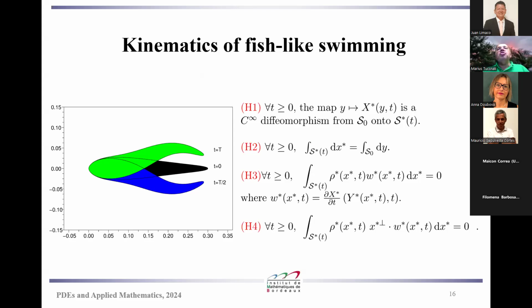So there are some conditions called self-propelling here, which I don't detail. It's H3 and H4. They, roughly speaking, say that you should not speak about swimming when you push the object with an exterior force. It should come from its own deformation, and these are conditions H3 and H4.